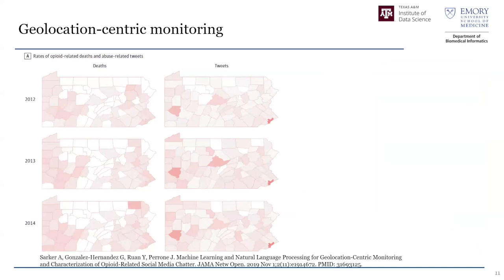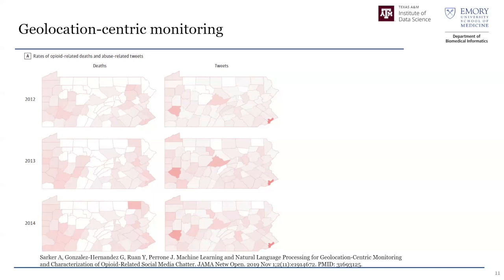Not everyone will have geolocation information, but because of the massive size of the data, a large chunk will. So we wanted to see whether we can map these to specific geolocations, and if we do, whether these are correlated with overdose deaths. The intuition is that if people are self-reporting non-medical use more in a certain location, it's more likely that there will be more overdose deaths in that location, right?